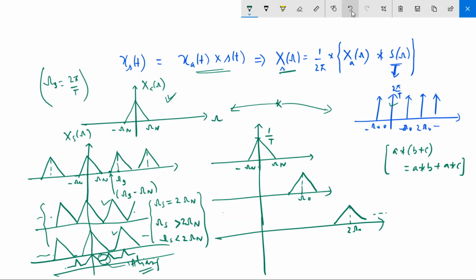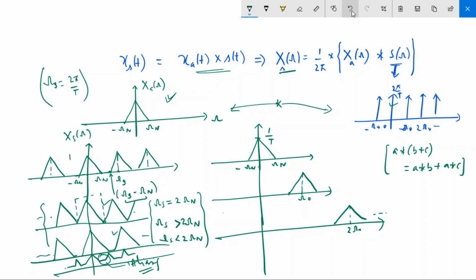Now from these two spectrums, I can easily recover this. What I have to simply do is pass this spectrum through a low pass filter, which will only pass this band. It means the cutoff frequency should be somewhere between omega n and omega s minus omega n.